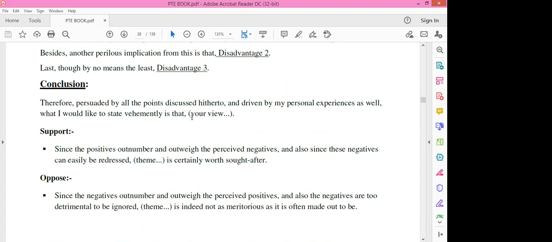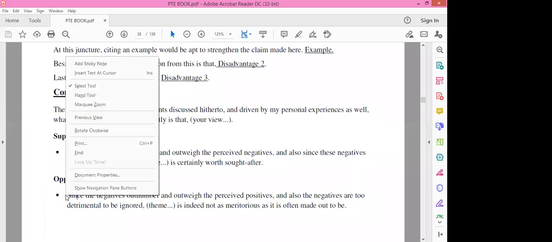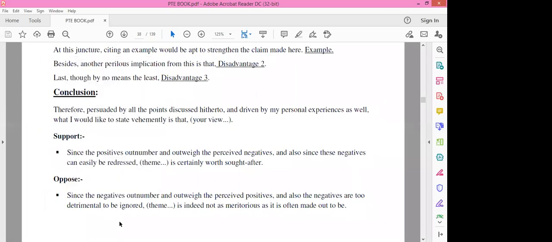Traveling to distant nations in order to pursue one's dreams. Your view is what we have given: support or oppose. Do you really want to travel to a foreign country in order to acquire higher qualifications, or do you feel it is not worthy to settle down in foreign countries? So either you support or you oppose. You cannot go both ways.